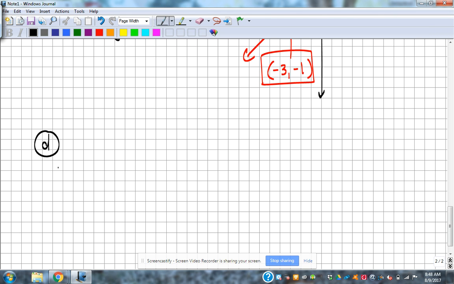Let's say we had 2x plus y equals 4, and then 4x plus 2y equals 3. So 2 linear equations again.